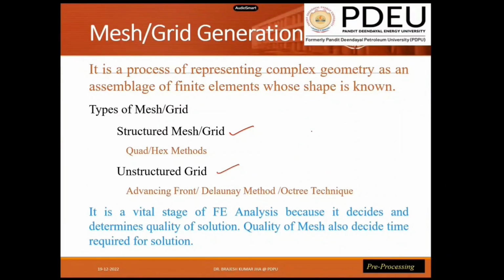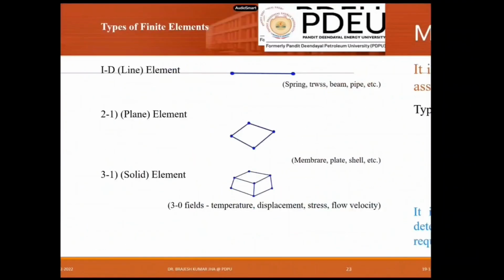The finite element analysis is widely used because the mesh decides and determines the quality of the solution. The quality of the mesh also decides the time required for the solution. I will come to that later on: how we understand the computational cost on the basis of element estimation and element refinement, and how we refine the elements accordingly.